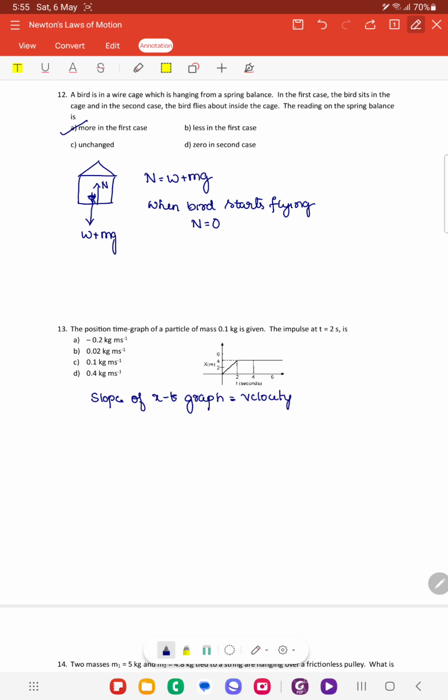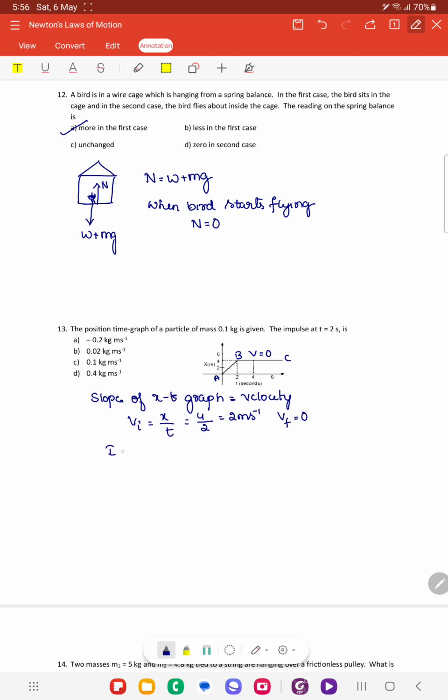So if you find the initial velocity, that is initial velocity vi is equals to x by t. So if you consider from a to b, the slope AB, we have x by t, that is 4 divided by 2, which is equals to 2 meter per second. If you consider from B to C, the velocity is 0. It is at rest, so velocity is 0. So final velocity, let us consider Vf is equals to 0.